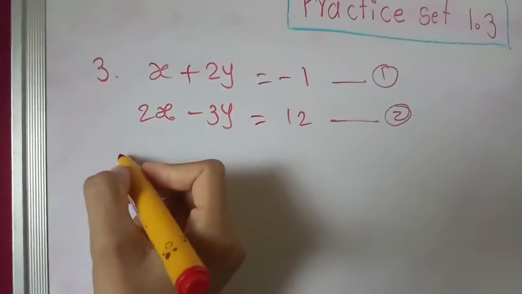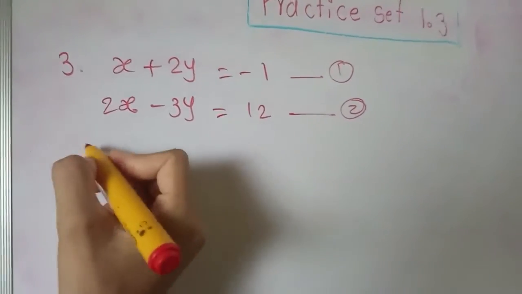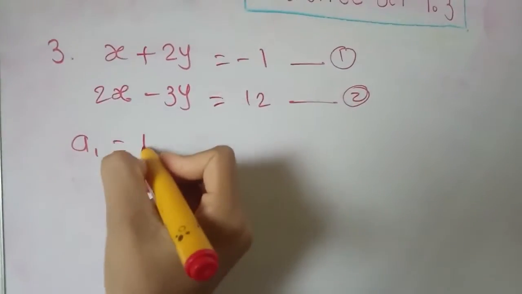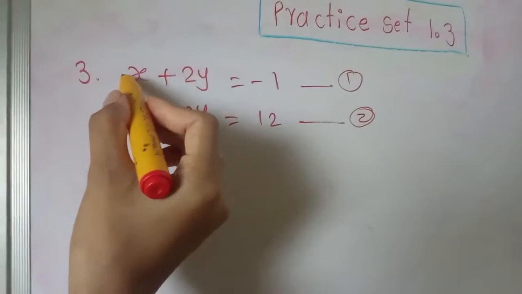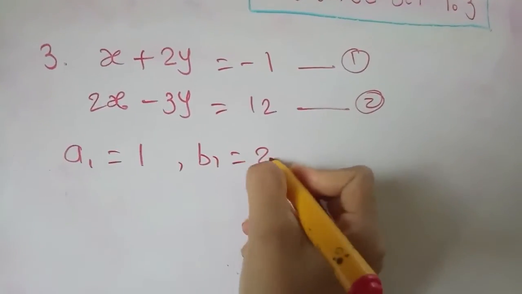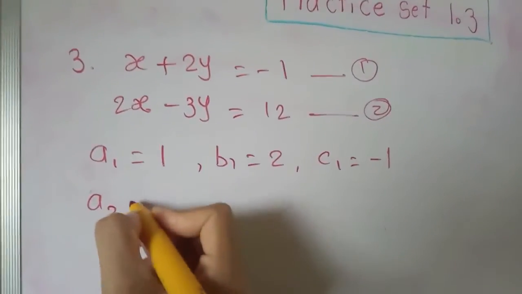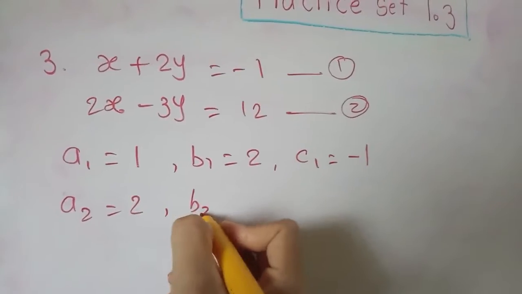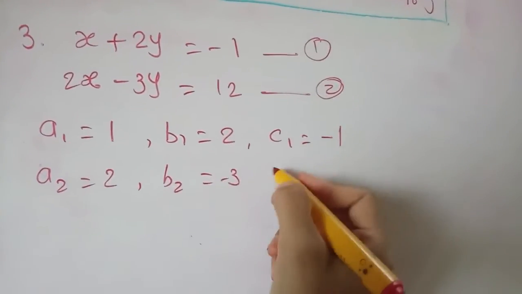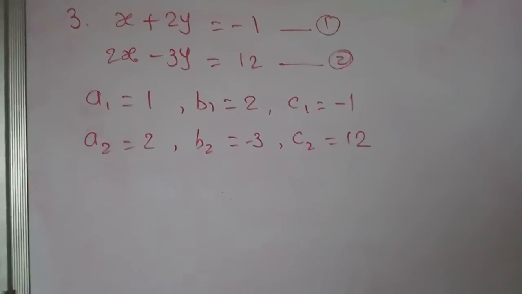Compare this equation and find the value of a1, a2, c1, c2, b1, b2. So a1 is equals to 1. इसके आगे कुछ नहीं, इसका मतलब यहाँ 1 होता है. So b1 is equals to 2 and c1 is equals to minus 1. a2 is equals to 2, b2 is equals to minus 3 and c2 is equals to 12.